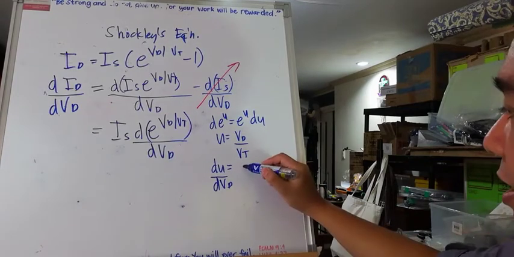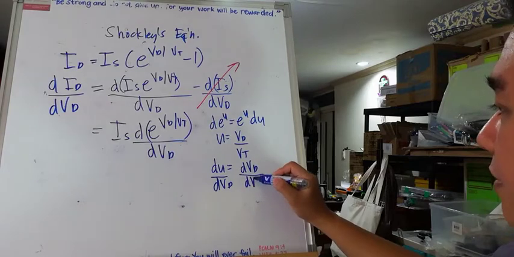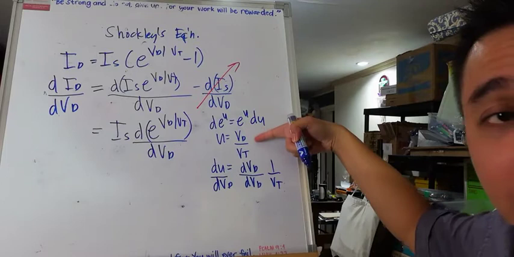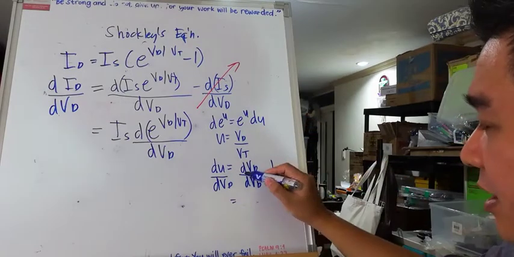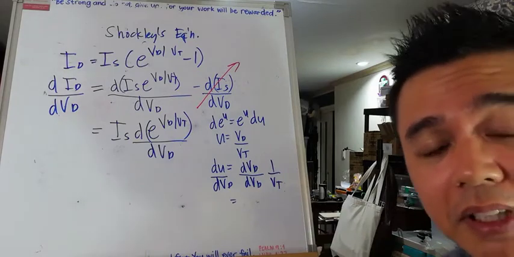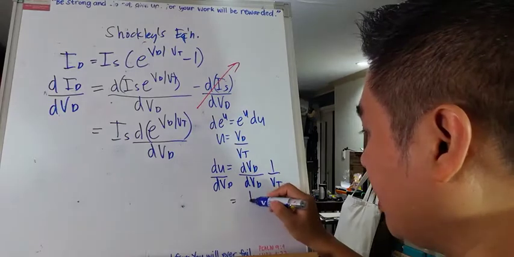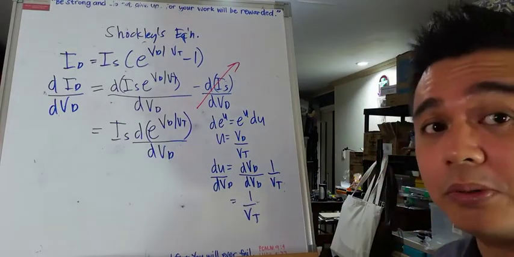Alright. So this is derivative of VD with respect to derivative of VD times 1 over VT. So ito, kinuha lang natin yung derivative niyan. We can cancel this out kasi 1 naman yan, di ba? Derivative of VD with respect to derivative of VD is equal to 1. So matitira is 1 over VT. So this is your du.